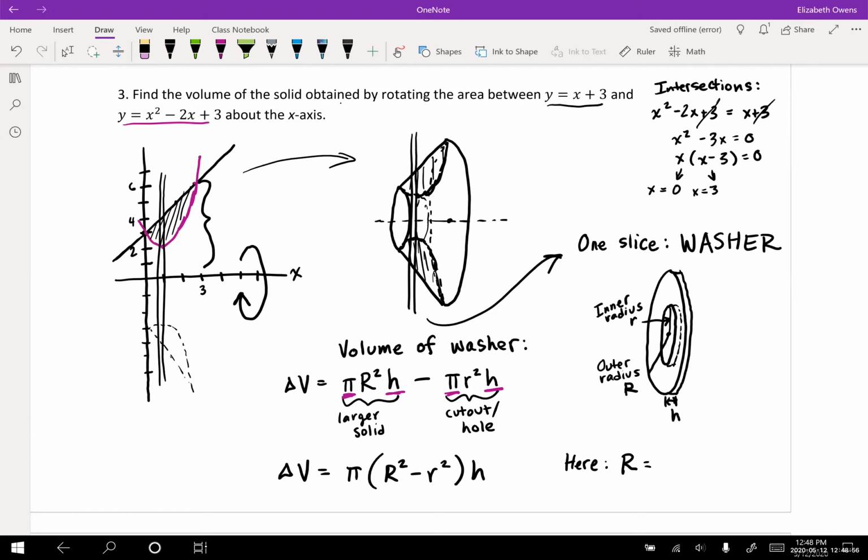But we want to come up with a general expression for any slice rather than just the biggest overall, because that would be 6 at the base there. If we're looking at the little individual slice we took out, it's more like this type of measurement right here. So that would be big R, and then the cutout's radius would be that part right there, little r.